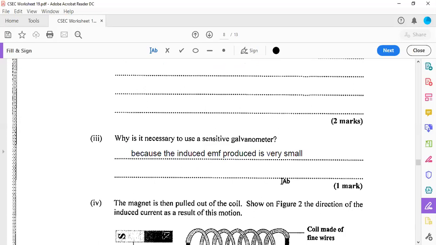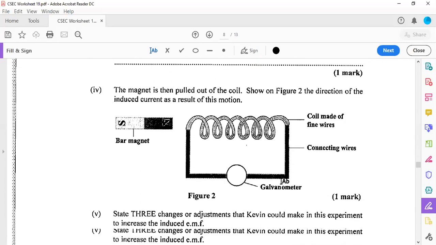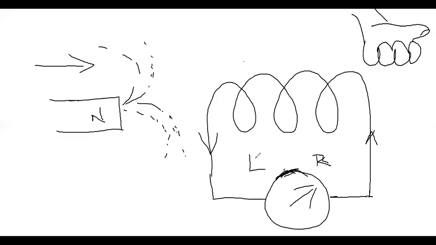Alright, they said the magnet is then pulled out of the coil. Show in the figure the direction of the induced current. So we use the same diagram now, just instead of going in one direction, it's going in the opposite direction. What do you think is going to happen? The current obviously is going to flow in the opposite direction, right? So that means your current is going to be flowing like this. The deflection is going to be like that.